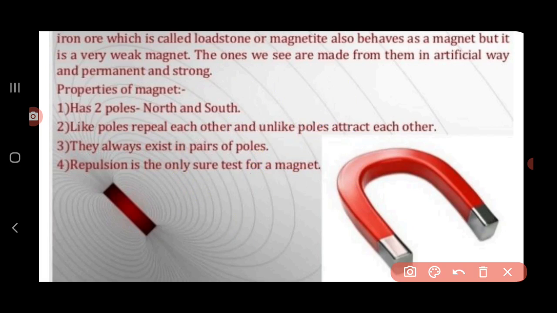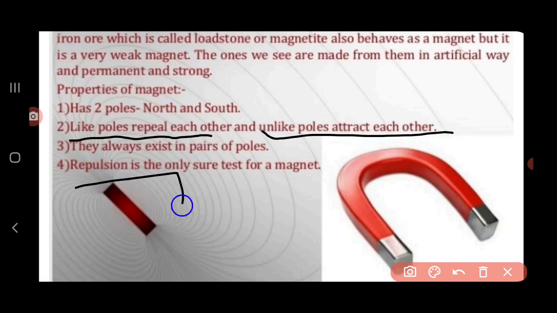And suppose two south poles are brought closer to each other. Here also similar poles are interacting. So you see, they also repel each other.